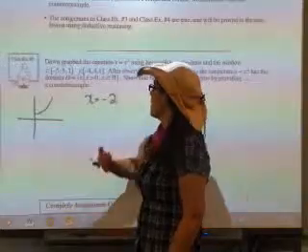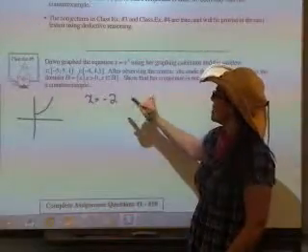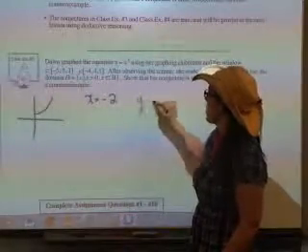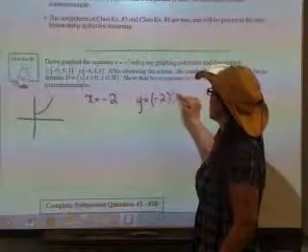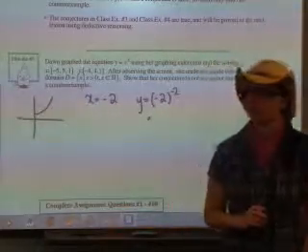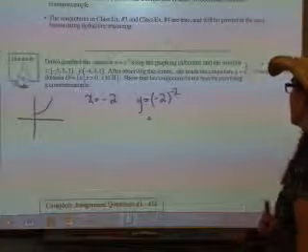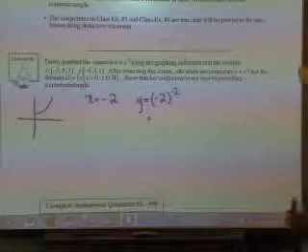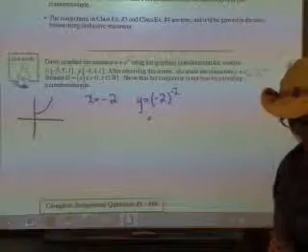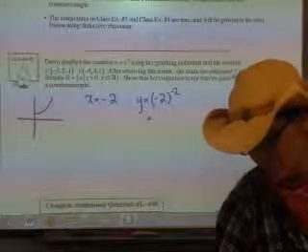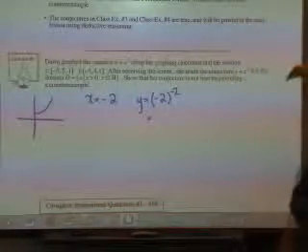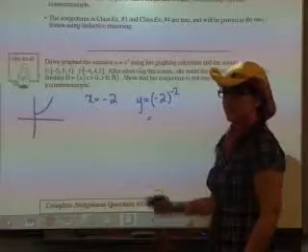-2. Okay? So if I put -2 into this equation, I get y equals -2 to the power of -2. And what is -2 to the power of -2? -0.2.